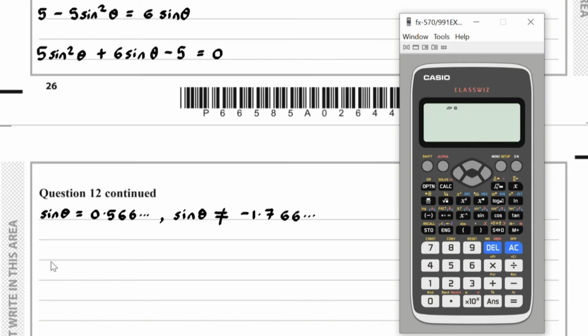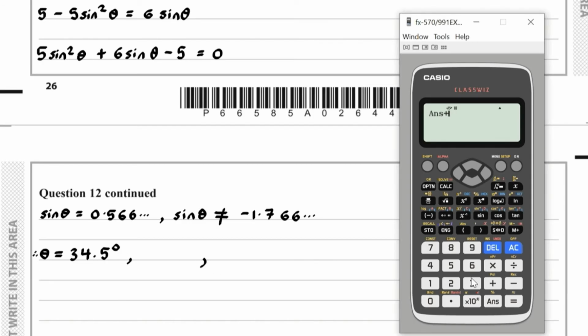And so to find out what theta is, to one decimal place then, we have the inverse sine of that value, which is 34.5 degrees.